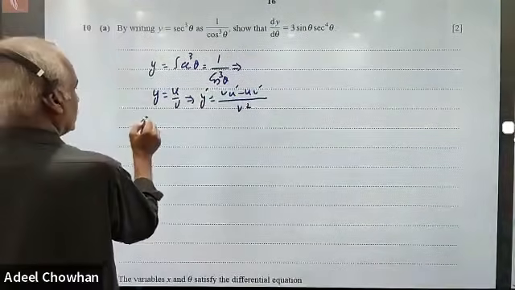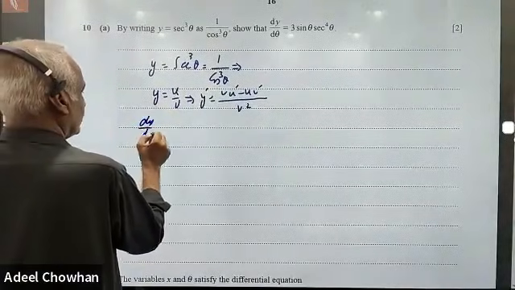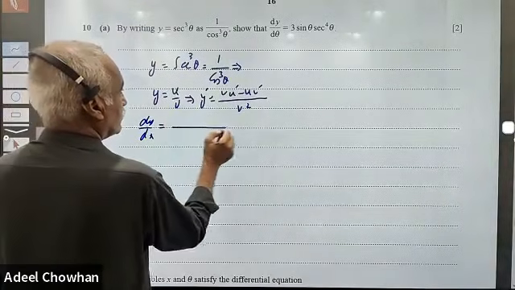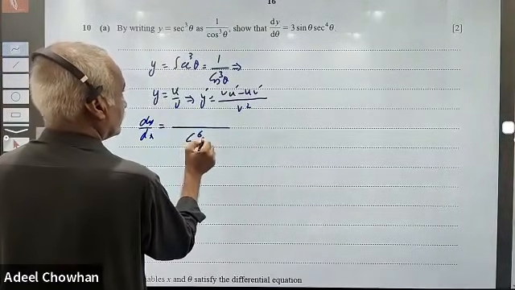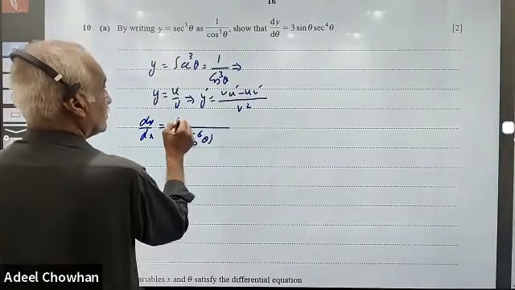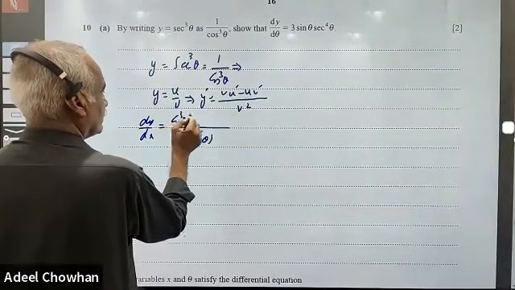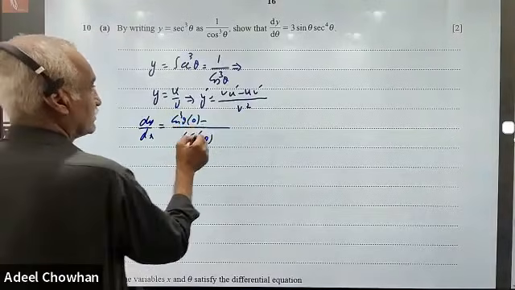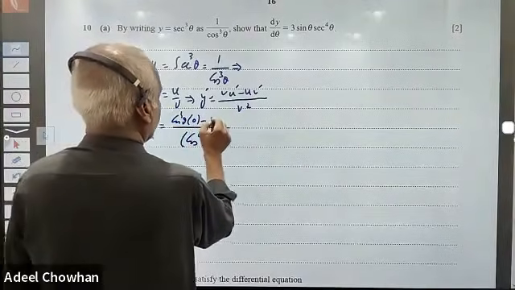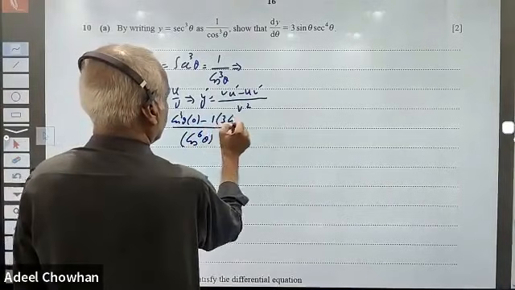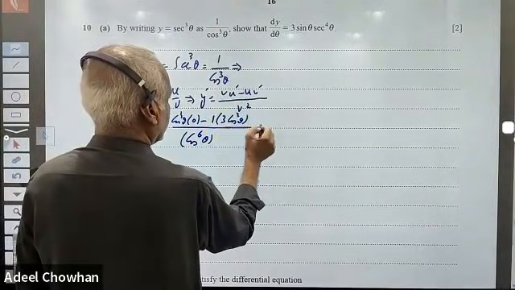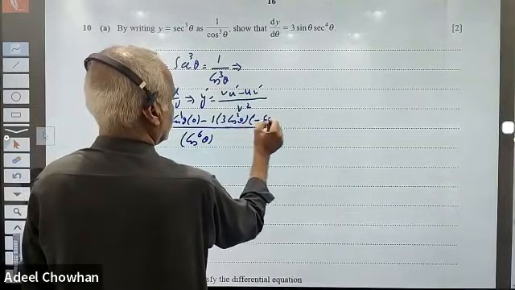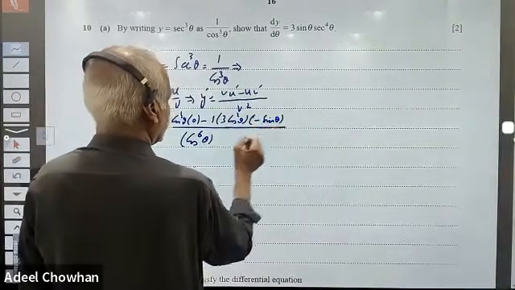So dy by d theta is equal to cos 6 theta, cos cube theta into one derivative is 0 minus 1 as it is, 3 cos square theta into cos theta derivative, minus sine theta.